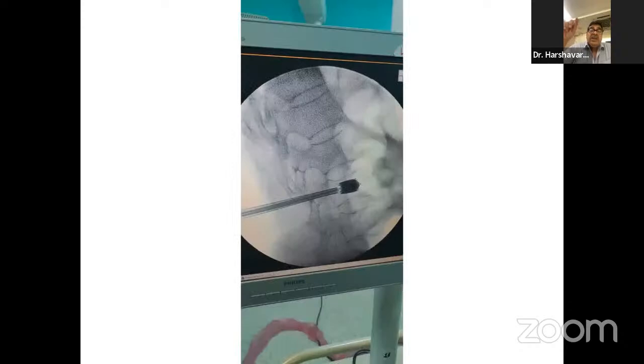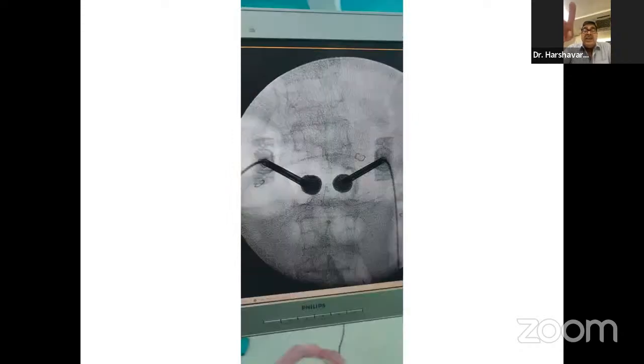So you see, next slide. You see, this is what it looks like once you've blown the balloon. Now you empty the balloon and take it out, and you put the stent through that same hole, along with the balloon on top of it.